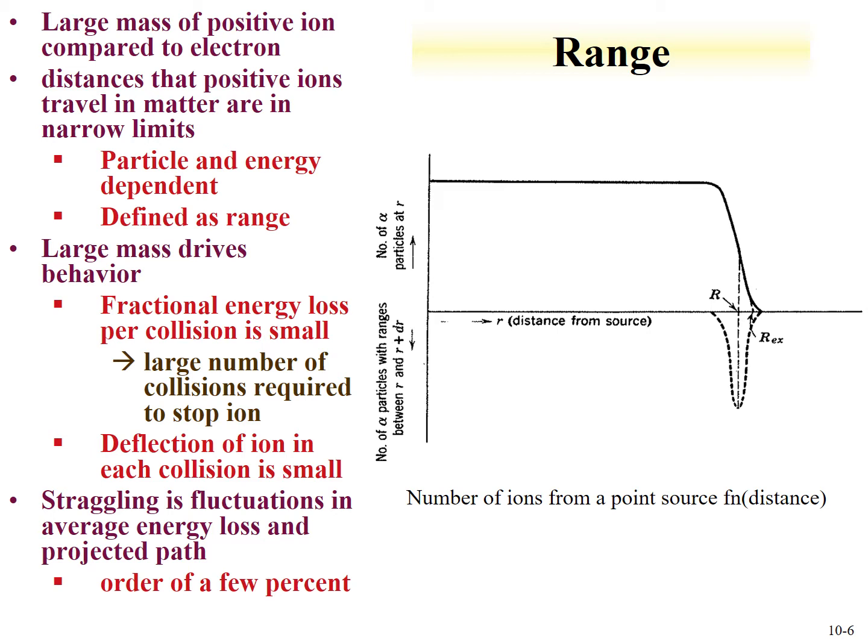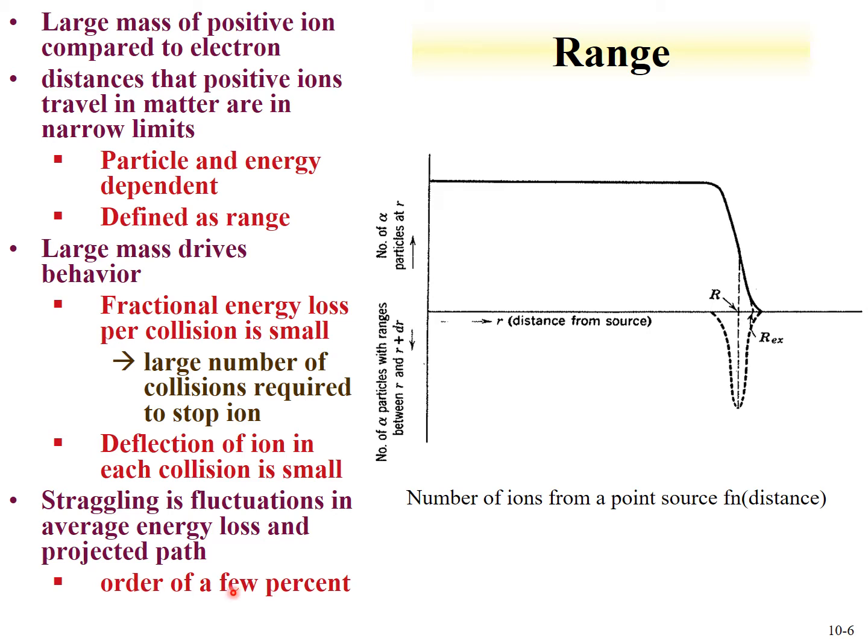So the relatively large mass of the ion drives this behavior. This is because you get these fractional energy losses that are relatively small, so you need a large number of collisions to occur before the ion is finally stopped. And the deflection of the ion is relatively small. This is what's called straggling.